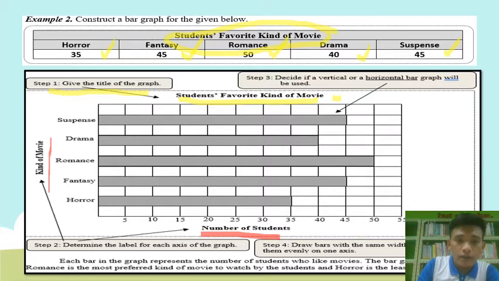For horror, a total of 35 students like horror. So 35 students is found here. Fantasy, 45 students like fantasy. So 45 is found here. So the scale.